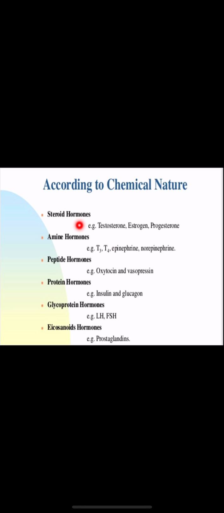The steroid hormones are testosterone, estrogen and progesterone. Amine hormones may be T3, T4, epinephrine, norepinephrine, etc. Peptide hormones are oxytocin and vasopressin, as you will study further. Protein hormones are insulin and glucagon, which are sometimes in the pro form. Glycoprotein hormones are LH and FSH, and eicosanoid hormones are the prostaglandins. This classification is according to the chemical nature.